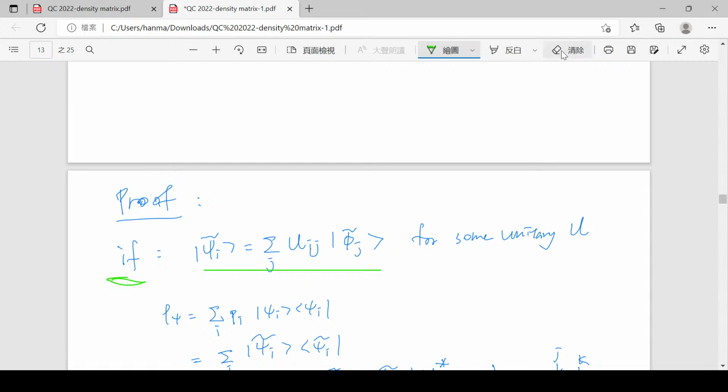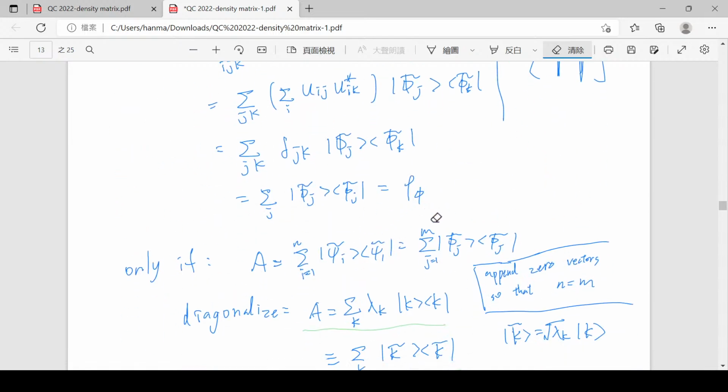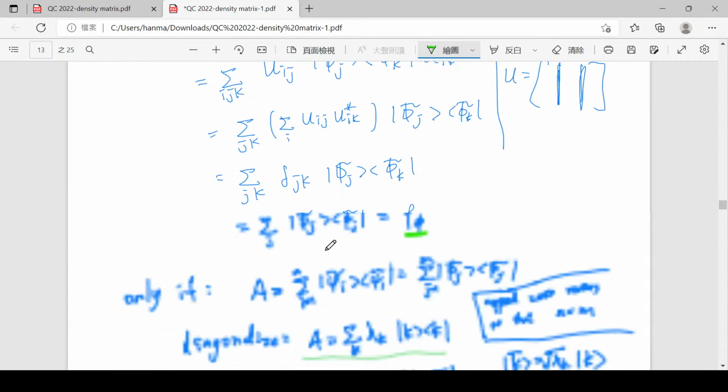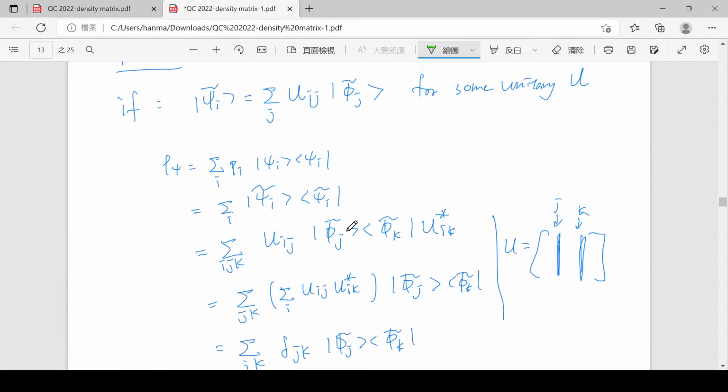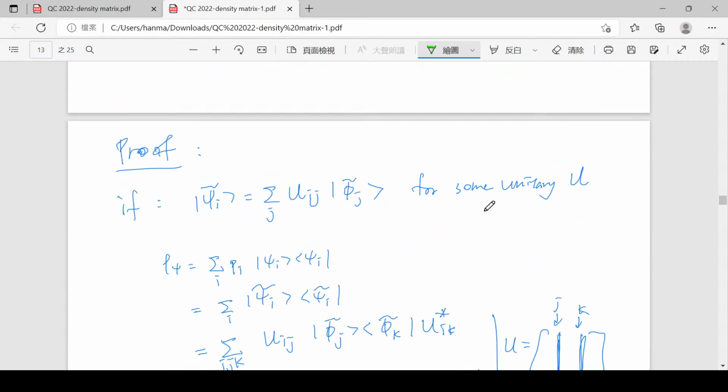Now, the other direction: you have that the density matrices of the two ensembles are the same. Let's call this density matrix A, and you want to show that these two ensembles satisfy this kind of unitary relation.